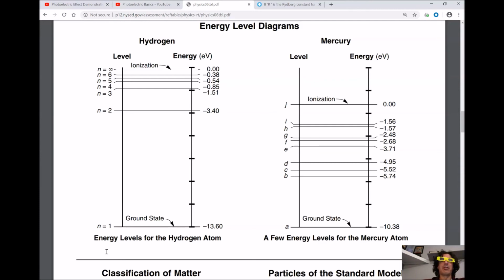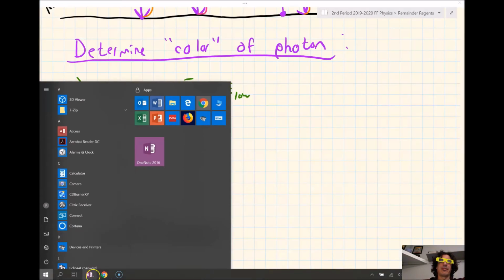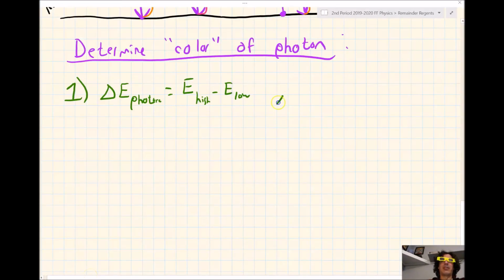The E high is referring to the higher energy levels along the left side of this, or for Mercury, the higher energy levels up the ladder. Also, the units in those tables are in electron volts.